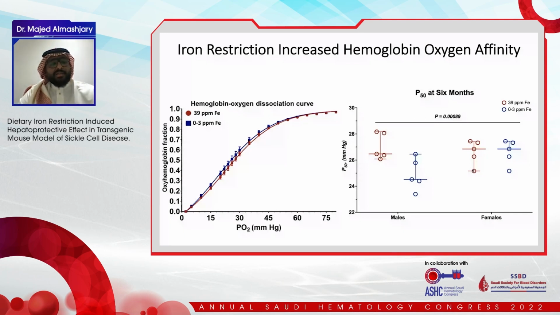And if you remember the sigmoid shape that we have, we shifted it to the left, meaning that dietary iron restriction was able to increase the oxygen affinity. And we measured the partial pressure of oxygen where 50% of hemoglobin was saturated. We saw that the P50 was significantly lower in males and females fed the iron-restricted diet.